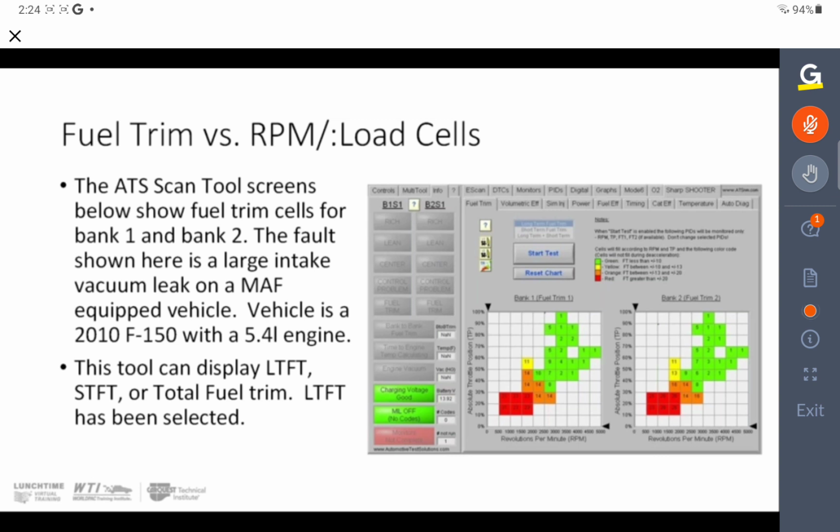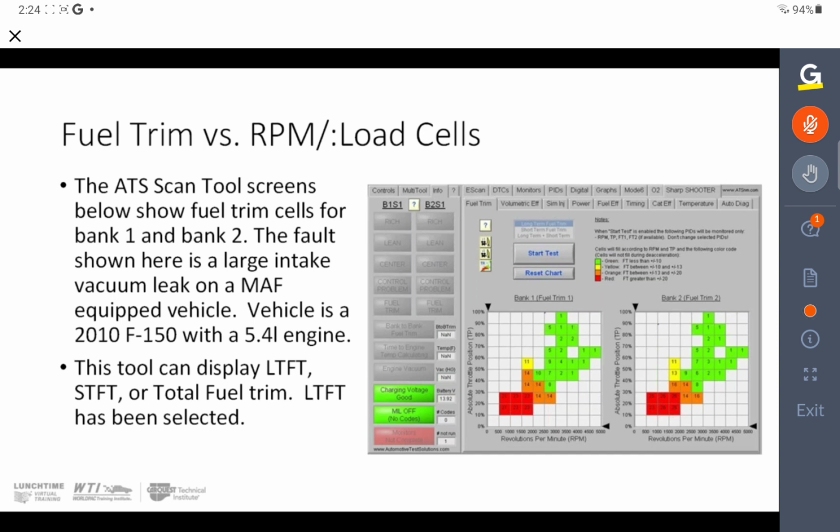On this car, the problem was there was a vacuum leak on a mass airflow sensor vehicle. What happens with a vacuum leak is the computer's relying on the mass airflow sensor to tell it how much air is actually going into the engine so that it can put in the right amount of fuel. If there's a vacuum leak and the mass airflow sensor is not sensing that air that's able to get into the engine, it's telling the computer less air is going into the engine.